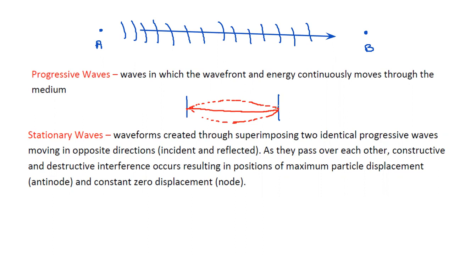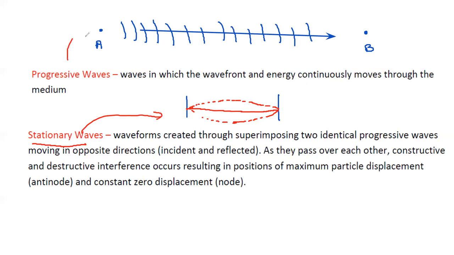This wave is confined in the region, produced within the region, and cannot travel from this point to any other point. If the wave is confined, trapped in the region, that kind of wave is known as a standing wave.